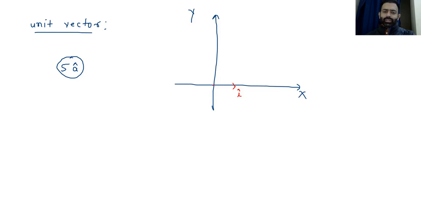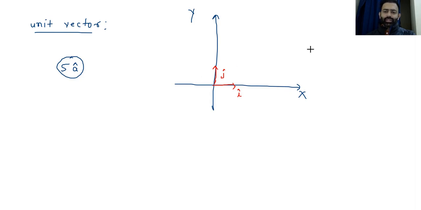A unit vector in the y direction is denoted by j cap. Similarly, if there is a third dimension, the unit vector along the z axis is denoted by k cap. So i, j, and k are the standard unit vectors along the coordinate axes.